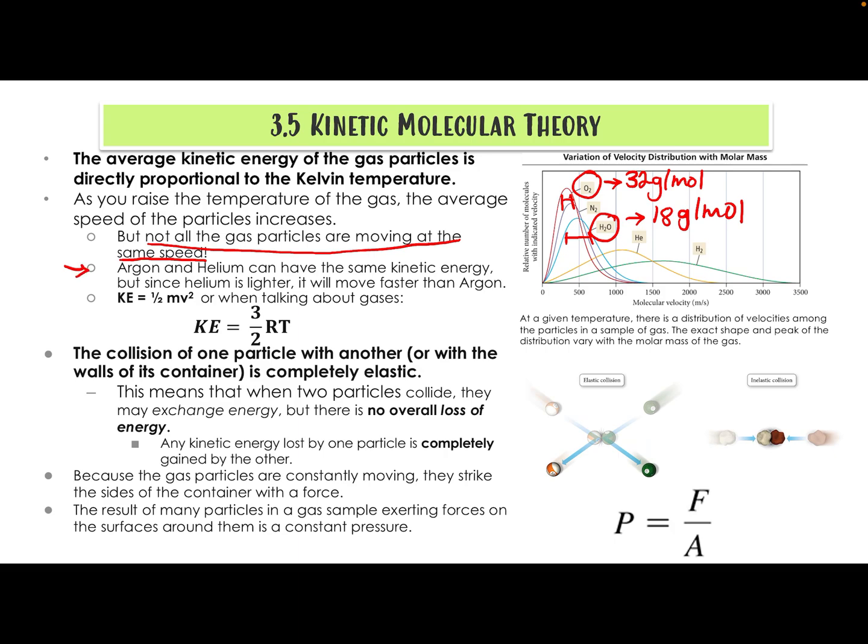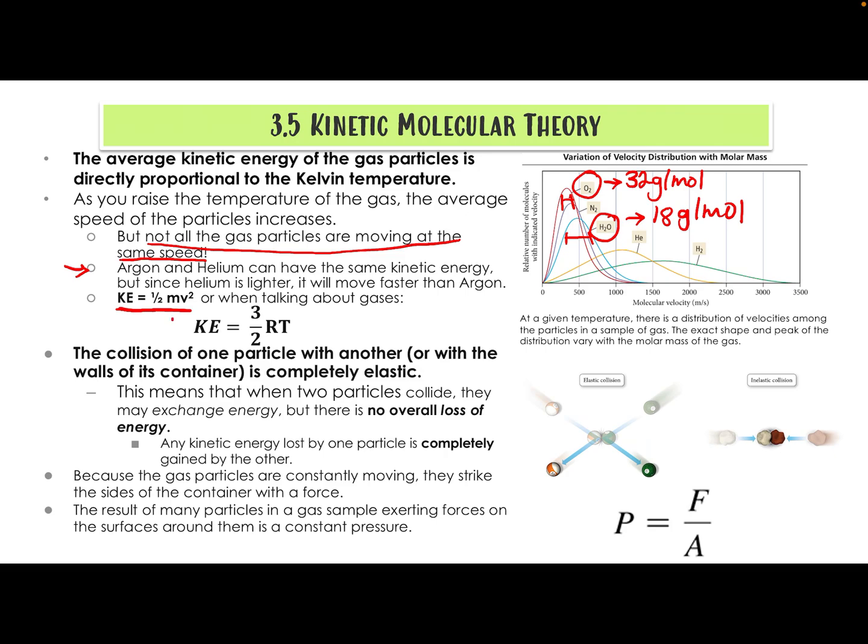So back over here in the list, it says argon and helium can have the same kinetic energy, but since helium is lighter, it will move faster than argon, and this is why. Look at the kinetic energy formula. This is probably the formula you'll see with physics. Kinetic energy is equal to 1/2 the mass times the velocity squared.